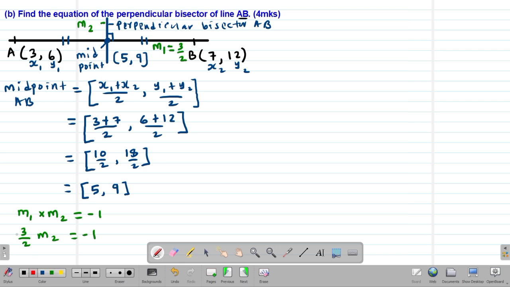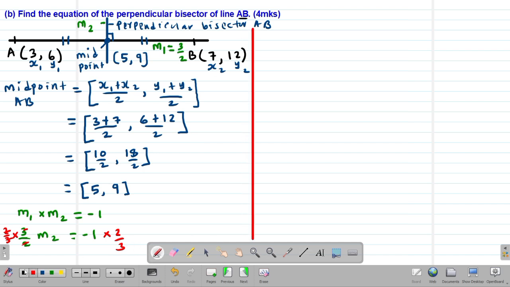So to find M2, I'll multiply through with the reciprocal, which is 2 over 3. I also multiply this other side with 2 over 3, so that 2 and 2 can cancel out, then 3 and 3 can also cancel out. So I'm going to end up with the following.